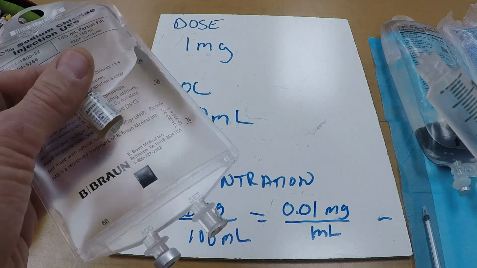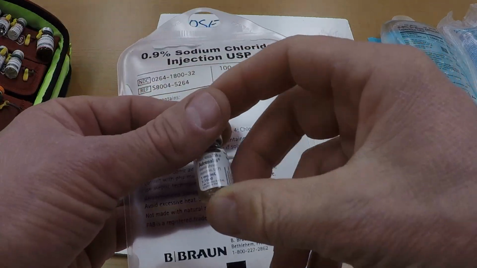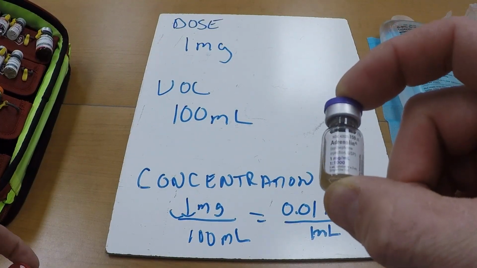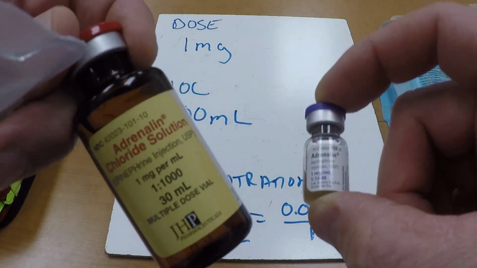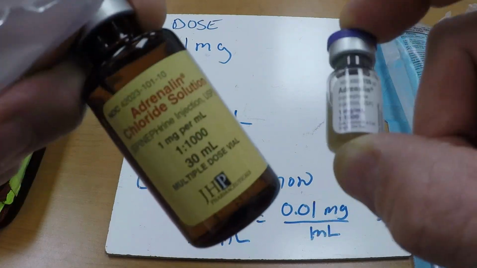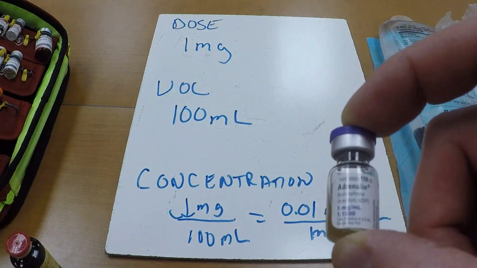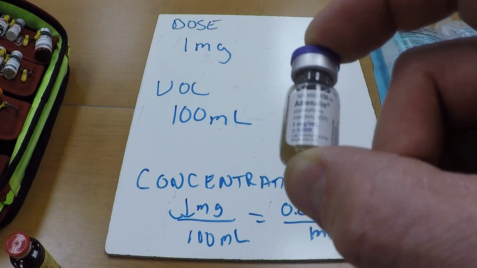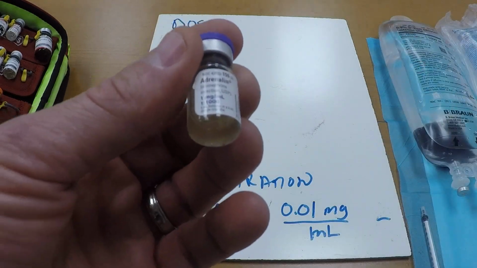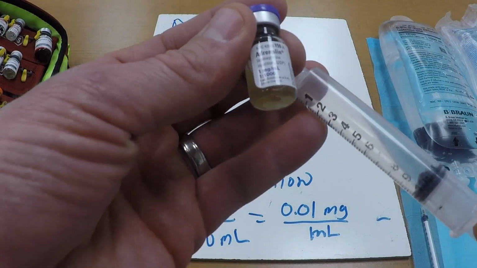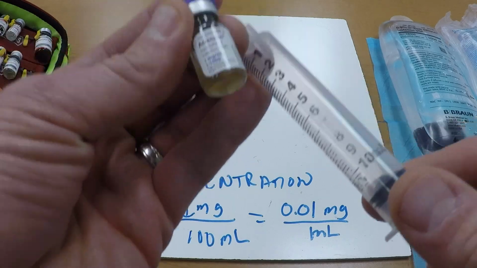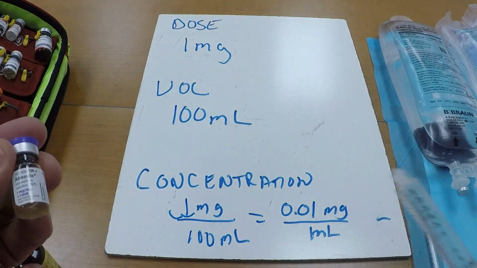push this into the patient's IV slowly. So remember, I said we are never going to take this vial directly or this vial directly and inject this into a patient's IV unless we dilute it. So we diluted this, either if we needed to use this for cardiac arrest because of a drug shortage, we diluted this. So we had 1 milligram in 10 mLs, which makes this the same as the gray box.